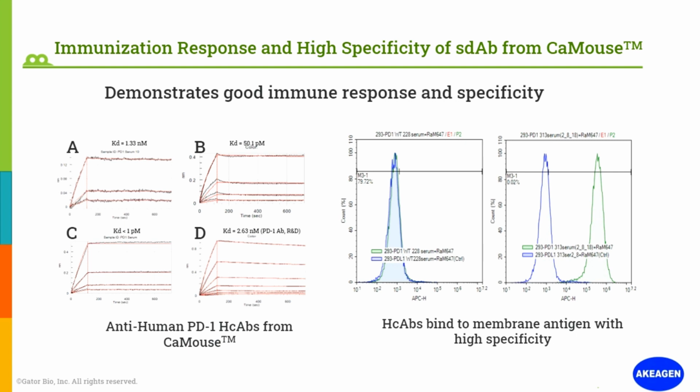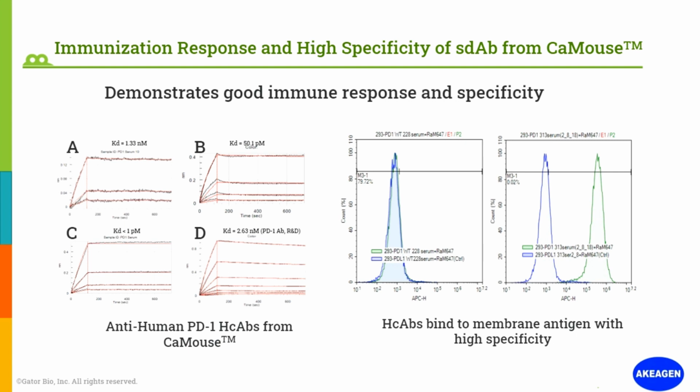We can see that after 3 immunizations, there's a huge increase of the binding activities in the serum to the antigen. This is data from the BRI technologies, the Gator technology.